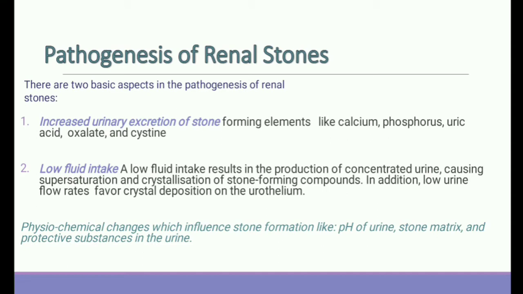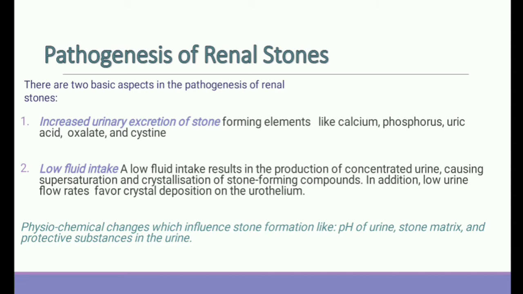Pathogenesis of renal stones. There are two basic aspects in the pathogenesis of renal stones. First is increased urinary excretion of stone-forming elements like calcium, phosphorus, uric acid, oxalate and cysteine. Second, we have low fluid intake.